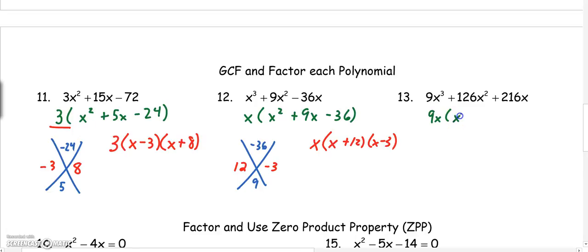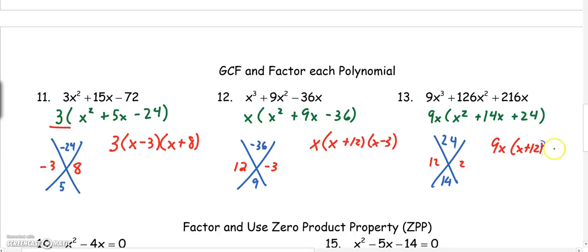So I'm left with x squared plus 14x plus 24. So now I need to look at numbers that multiply to 24 and add to 14. So those numbers are 12 and 2. So my GCF stays 9x, x plus 12, x plus 2.